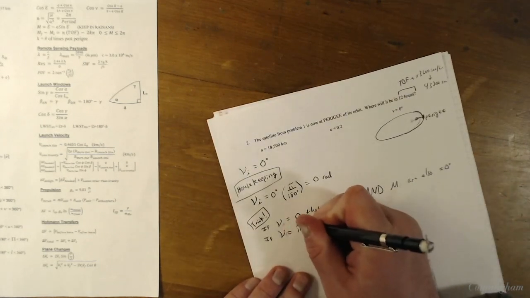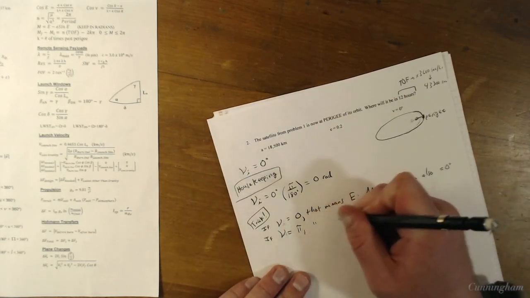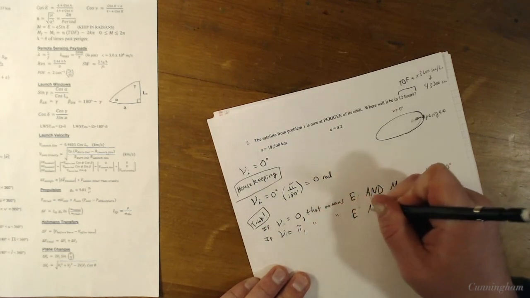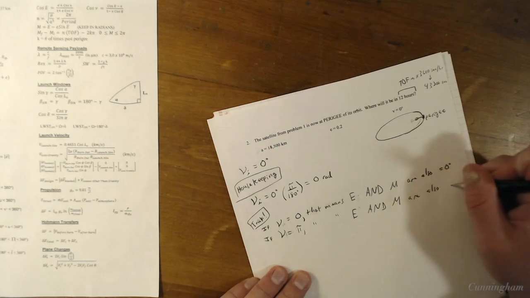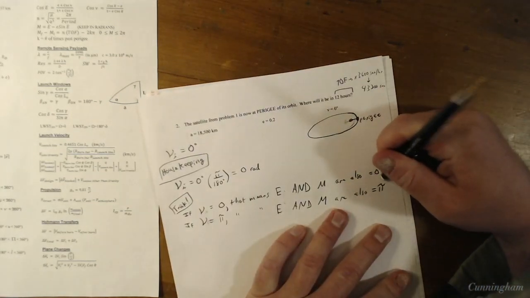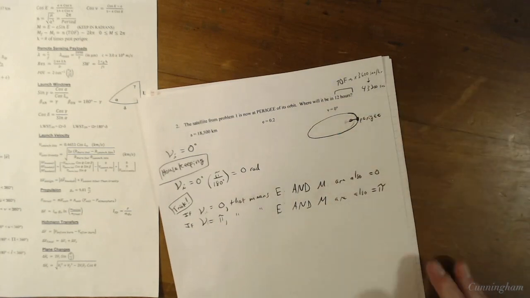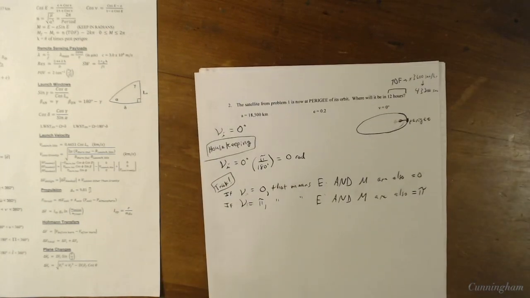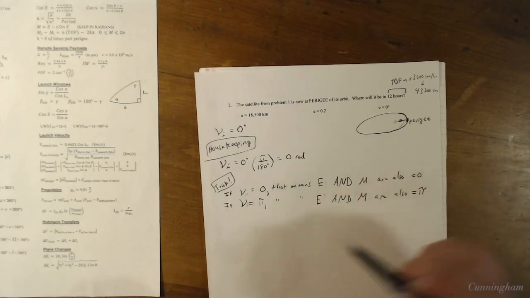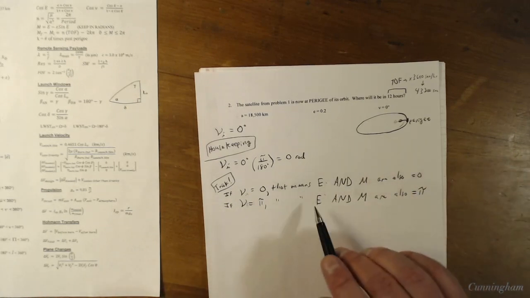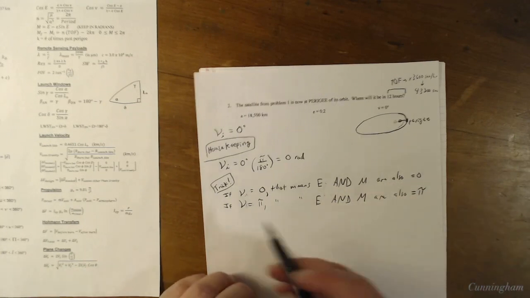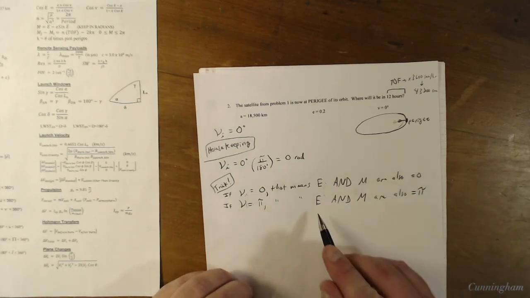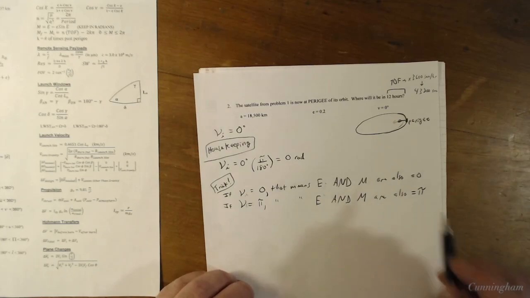That's what I was trying to get at. That means that eccentric anomaly and mean anomaly are also pi. Of course, out of habit, I put degrees there. Shouldn't have done. Okay, so if true anomaly is 0, that basically chains eccentric anomaly and mean anomaly to also be 0. If your true anomaly is pi, E and M have to follow it and also be pi.